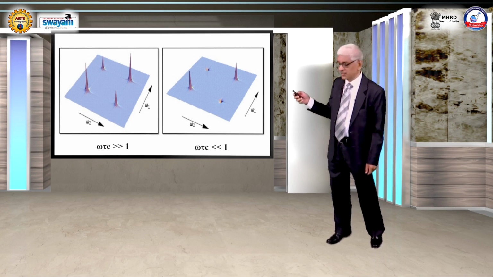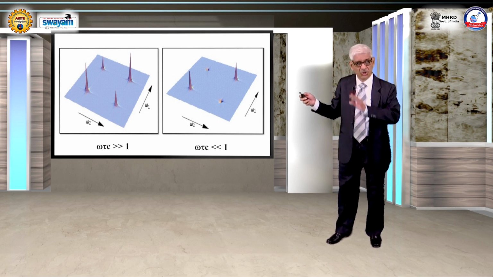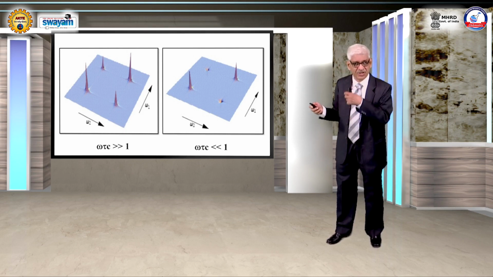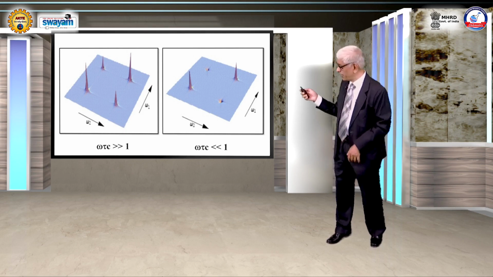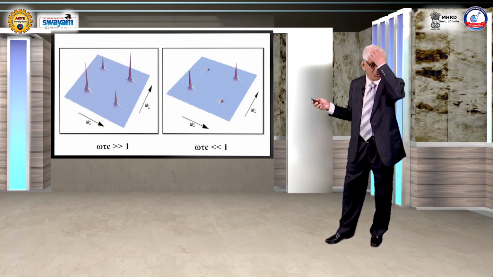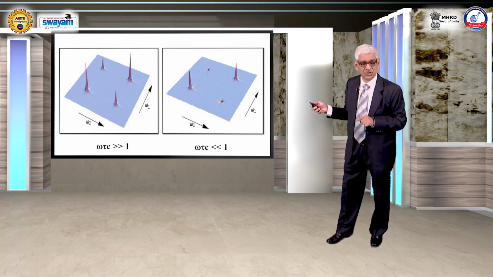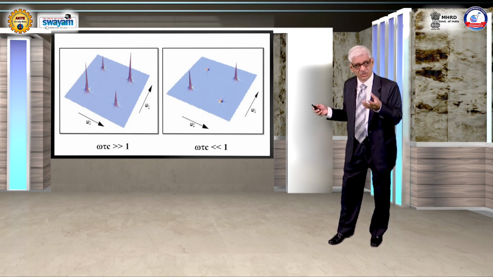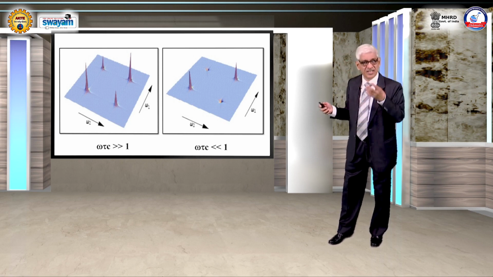If omega tau c is much less than 1, it means the molecule is tumbling very rapidly in your solution. On the other hand, if omega tau c is larger than 1, then the molecule is sluggish, it is a larger molecule and it is slowly tumbling in your solution. It may be because of viscosity changes in your solution, whatever the reasons are, it is slowly tumbling.